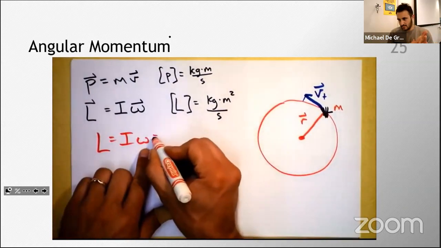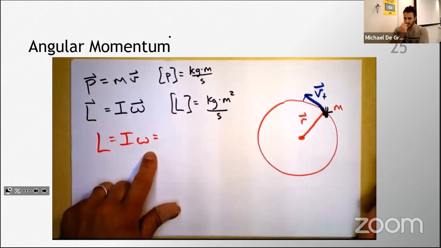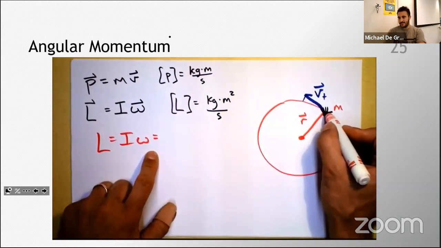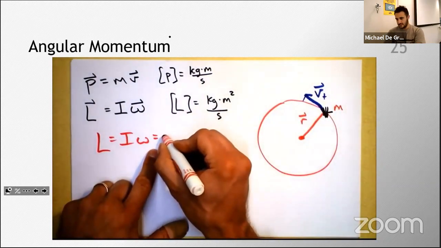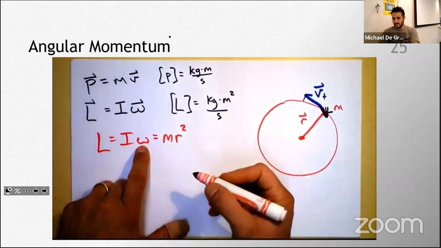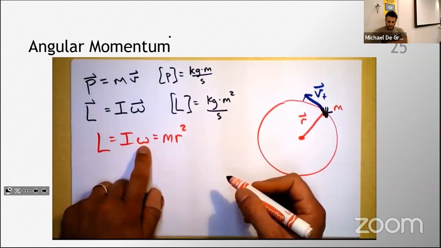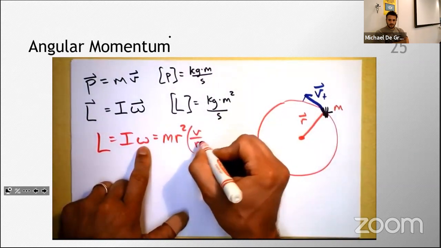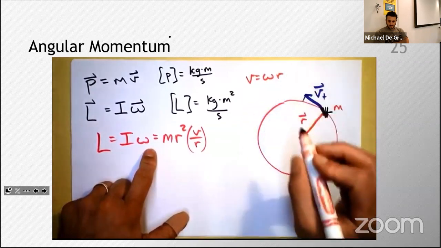So I want to think about what the angular momentum of this thing might be. Because it is just a mass at a distance r away from the middle, the moment of inertia will simply be m times r squared, and then we have to multiply it by the angular velocity of it, which is just v over r, because v is omega times r.